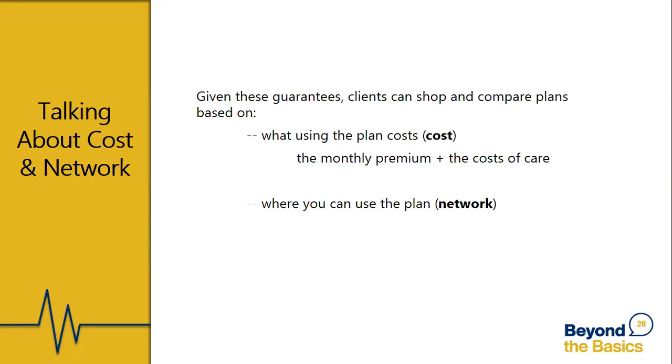So cost being our first factor, and the network where you can use the plan being our second important factor. And if we can focus on these two items, plan selection becomes a whole lot more manageable.